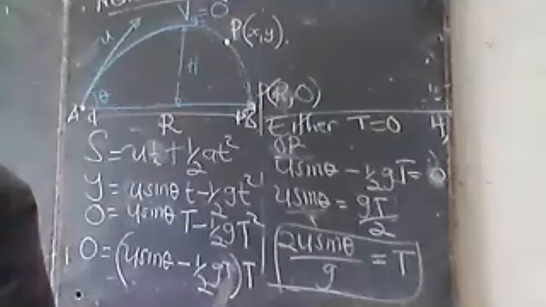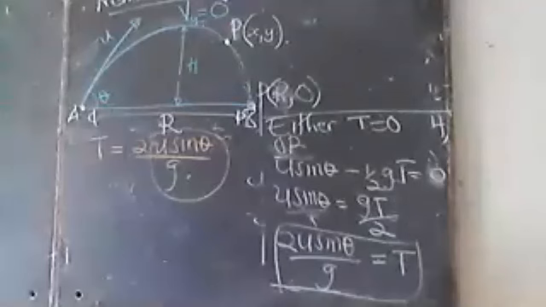The whole of that I have circled was small t, the time taken to reach maximum height. So we can also conclude from this equation that time of flight is twice the time taken to reach the maximum height.